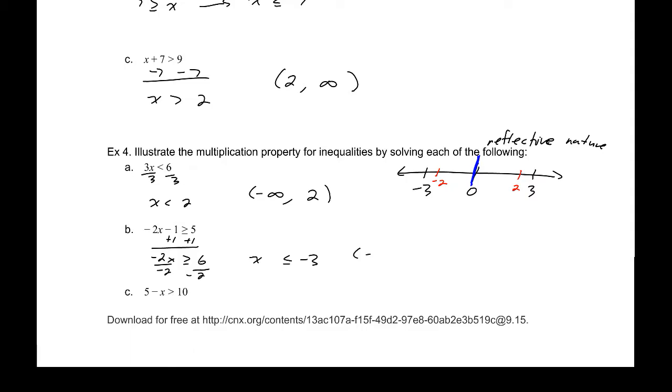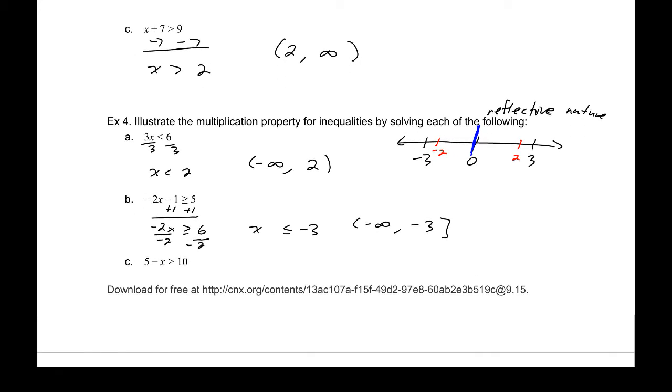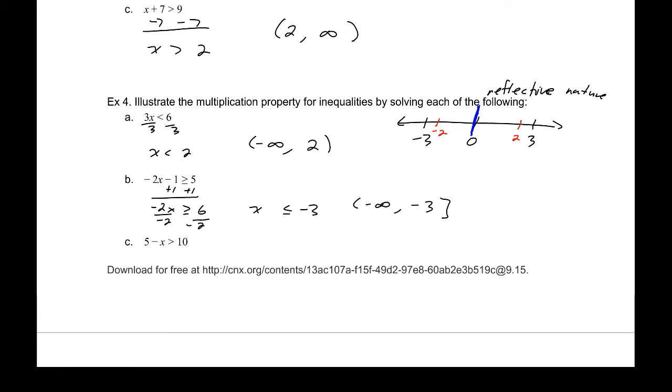Writing that in interval notation would be negative infinity to negative 3, including negative 3. All right, part C, we'll subtract 5. So negative x is greater than positive 5, dividing by negative 1. x is less than negative 5. So writing that in interval notation, we'd have negative infinity, comma negative 5, not including negative 5.